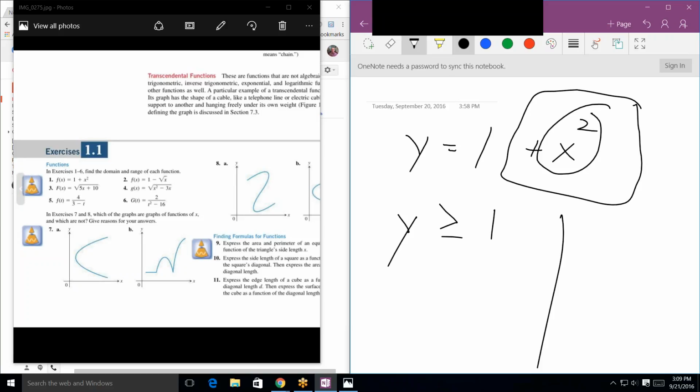Now, if we graph that, in other words, the parent equation is y equals x squared. This is shifted up by 1. So there's the graph. It's a parabola. And if you look at that graph, you would figure out also that the domain was all real numbers, although it's not as clear that the domain is all real numbers here.